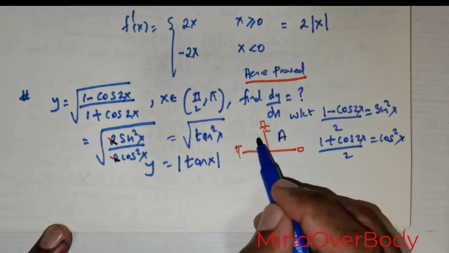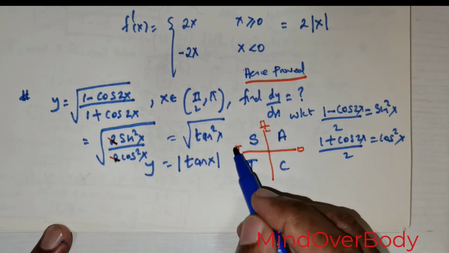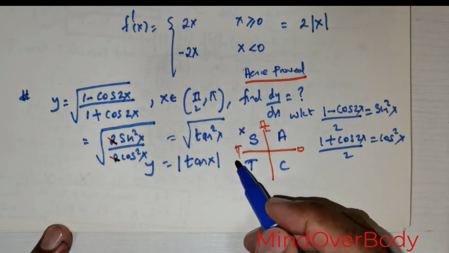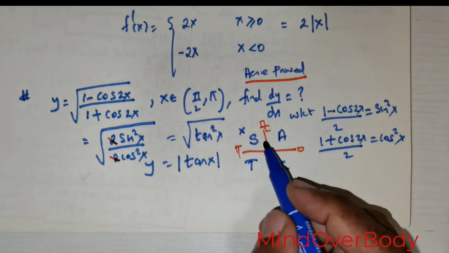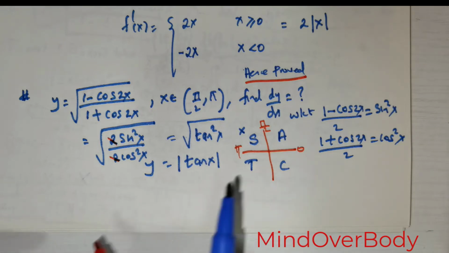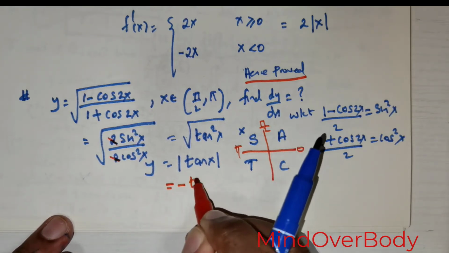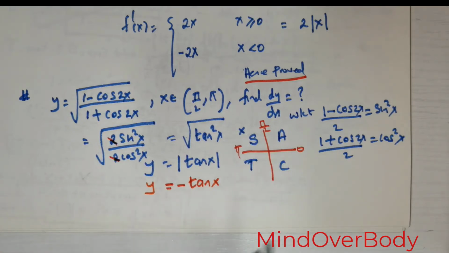Now, all silver teacups. So we are given an x which is lying between pi over 2 and pi. Now in this region only sine is positive, so that means tan will open up with the negative sign. So this is going to be equal to negative of tan x, and what is that? That's nothing but my y.